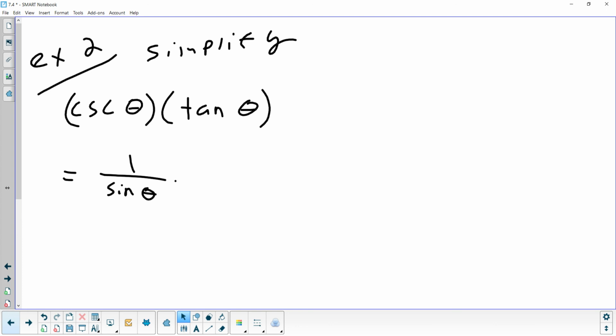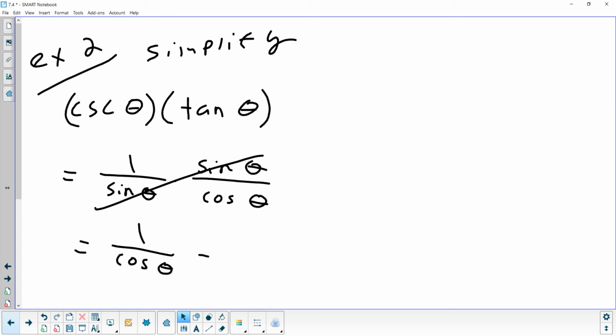Sine of x divided by cosine of x. Let's just stick with the argument letter that they used in this case, which is theta. So sine over cosine. And what's going to happen there? Sines cancel. So what am I left with right now? 1 over cosine.